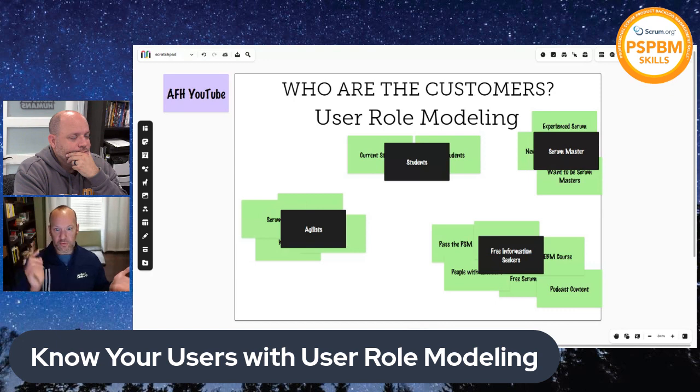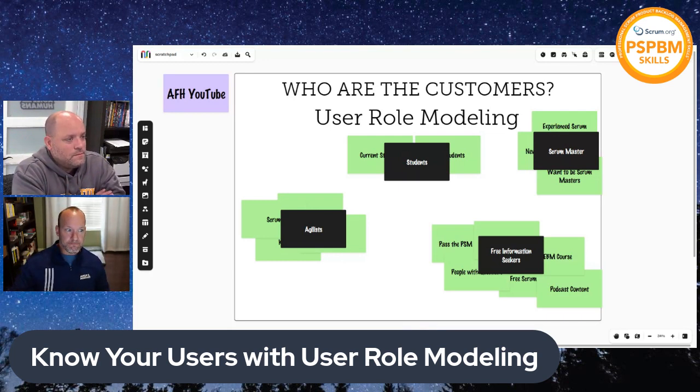This is what we would use in our user stories or our job stories or however you want to write your PBIs. Could help build a proto persona. You could, yeah, and you could extend this. You could take this and build proto personas. And as a product owner, there might be a time where you want to concentrate on Agilists.